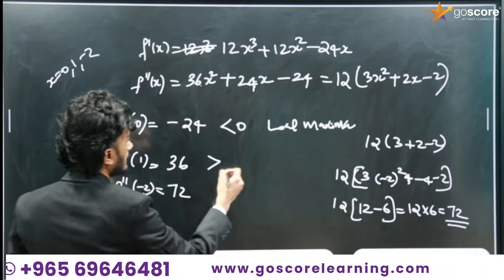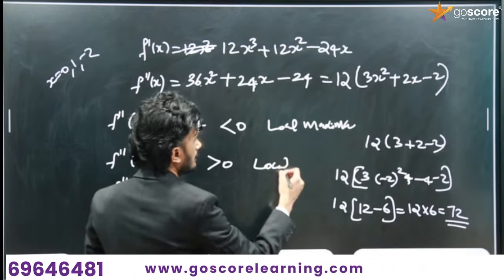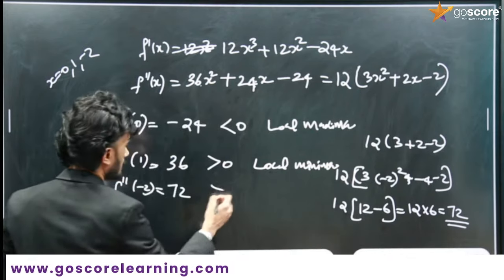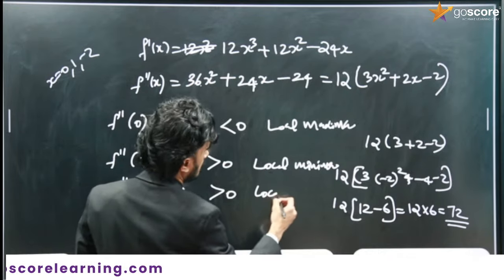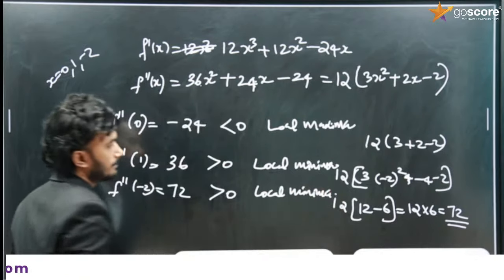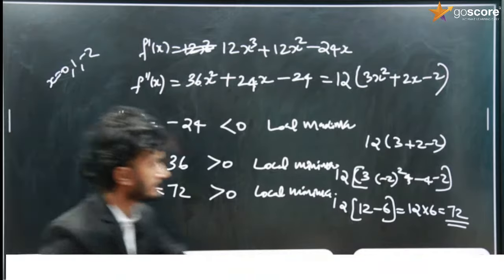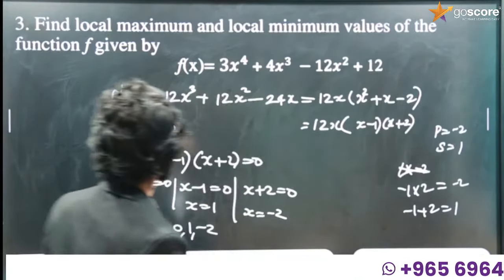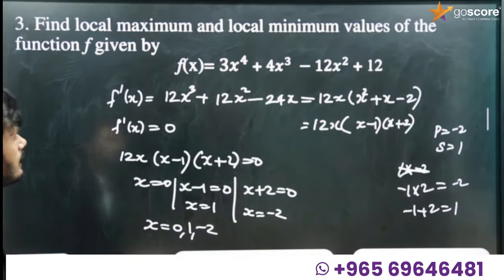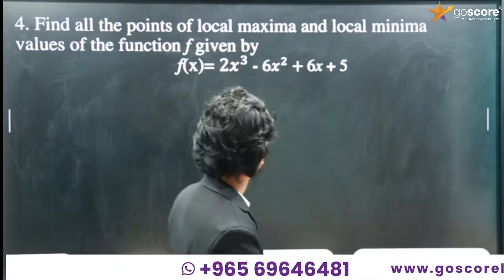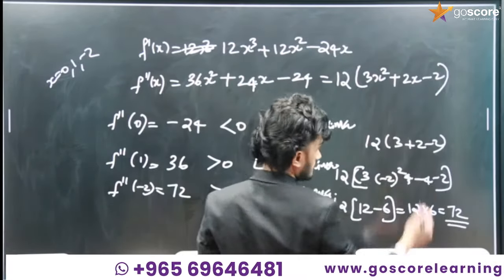Then this one is greater than 0, local minima. Here this one is greater than 0, local minima. So we want to find, what is the question? Local maximum and local minimum values. We want to find local maximum and local minimum values.